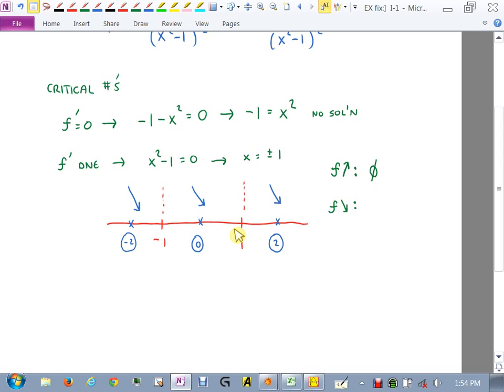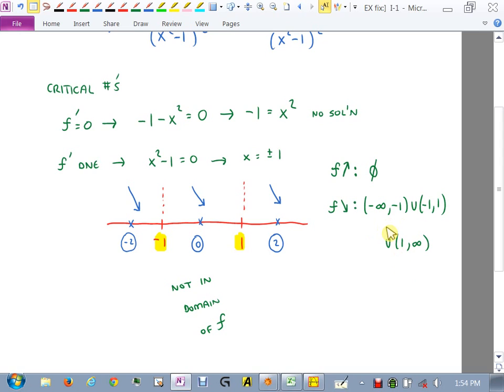So what you have to do is make that connection that these two values are not in the domain of the original function f. Therefore, it's going down from negative infinity to negative 1, union, negative 1 to 1, union, 1 to infinity.